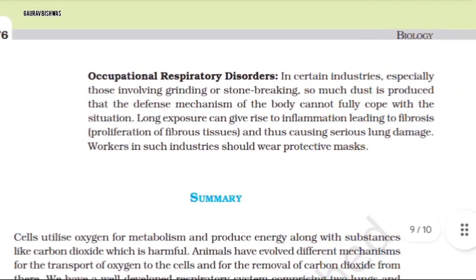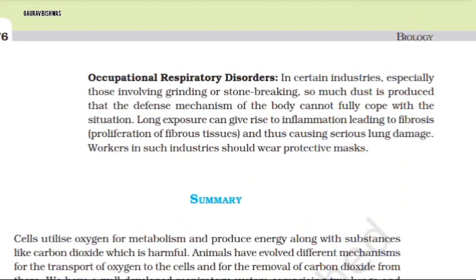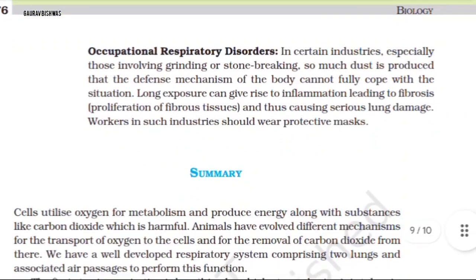Occupational respiratory disorders occur in certain industries, especially those involved in grinding or stone breaking, where so much dust is produced that the defense mechanism of the body cannot fully cope with the situation. Long exposure can give rise to inflammation leading to fibrosis, proliferation of fibrous tissue, and thus causing serious lung damage. Workers in such industries should wear protective masks.